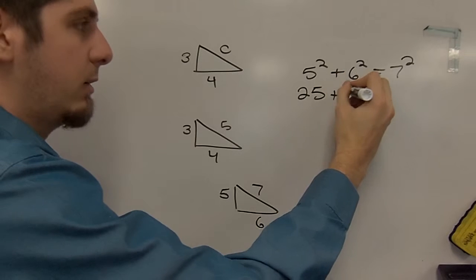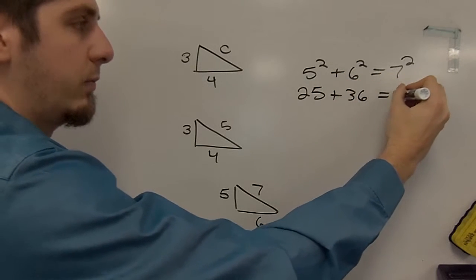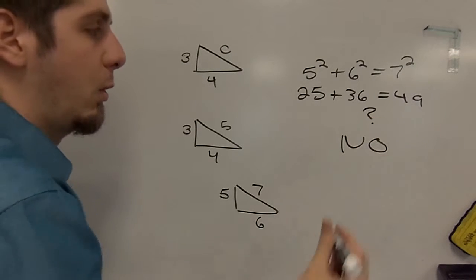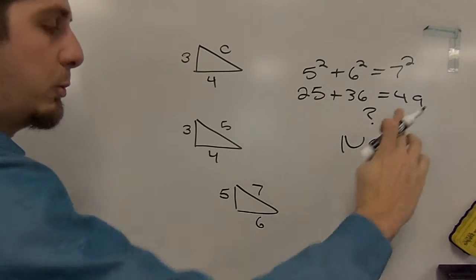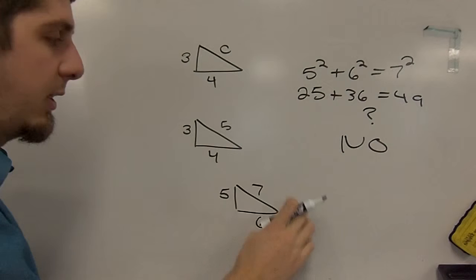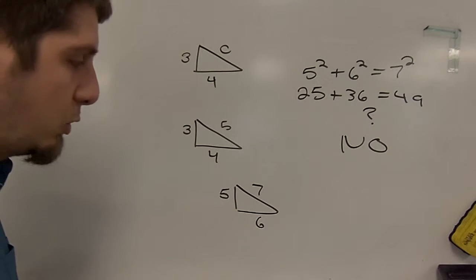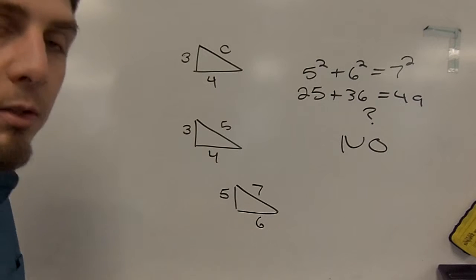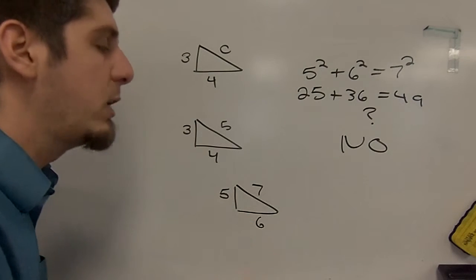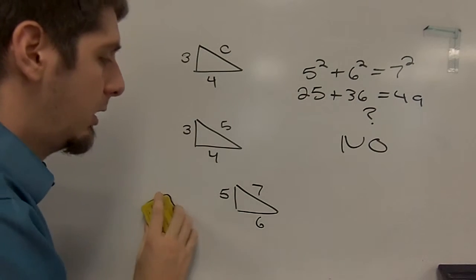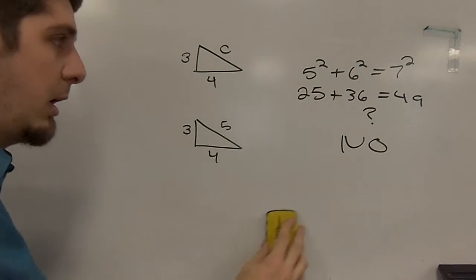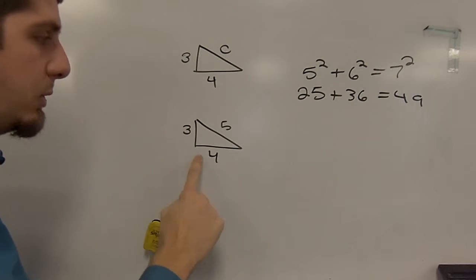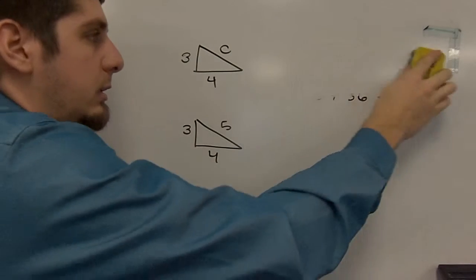Does 25 plus 36 equal 49? No. That is not true. Therefore, these are not accurate side lengths. You cannot have a right triangle with a leg of 5, a leg of 6, and a hypotenuse of 7. It is impossible to have a right triangle with those dimensions. As we discovered before, though, we can have one with 3, 4, and 5.